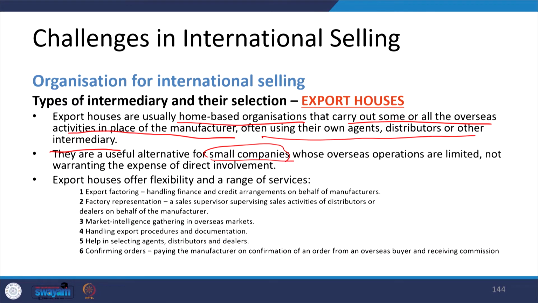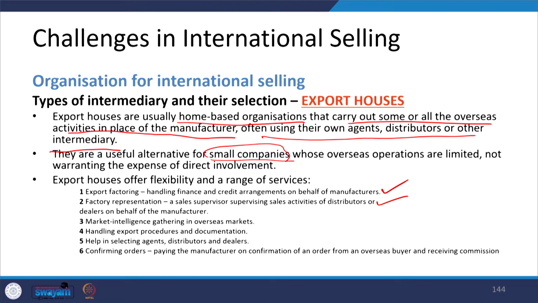Export houses offer flexibility and a range of services. For example, export factoring, like handling finance and credit arrangements on behalf of manufacturers. Export houses also do factory representation, with a sales supervisor supervising the sales activities of a distributor. So you may get a particular team of salespeople working only on your products, employed by the export house that you select.